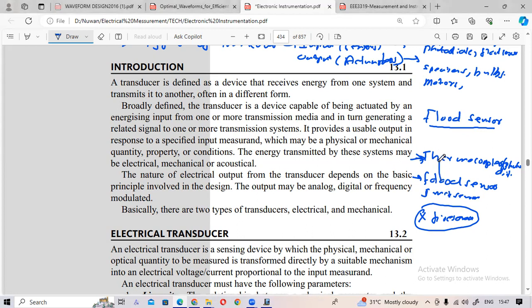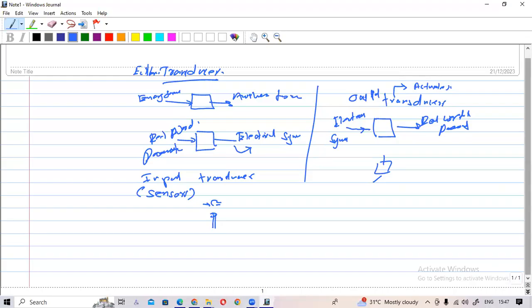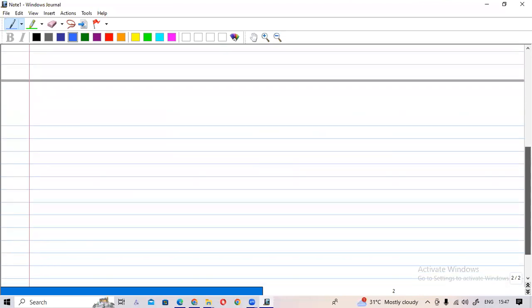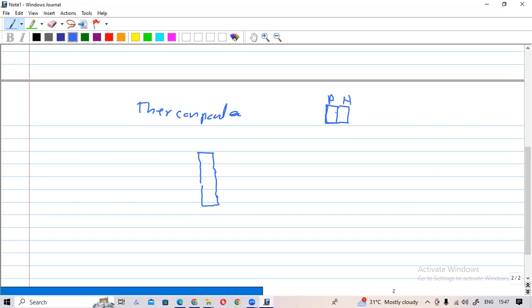So what is the main difference? There is a difference between this one and this one. For example, if you consider thermocouple, I don't know the composition, I don't know how it is made, so it is related to the material. Photodiode, you know, is made by combining two parts, P material and N material, making a PN junction.